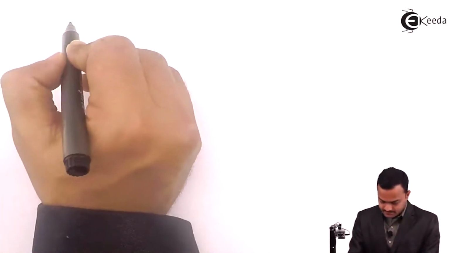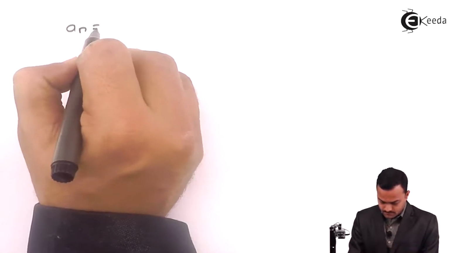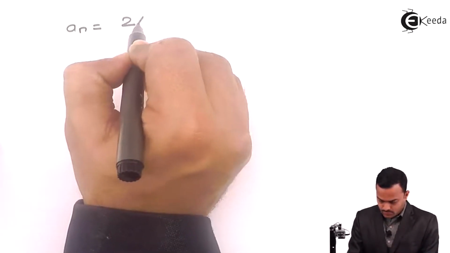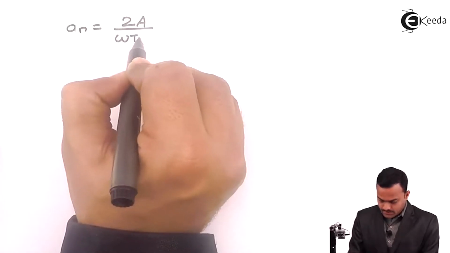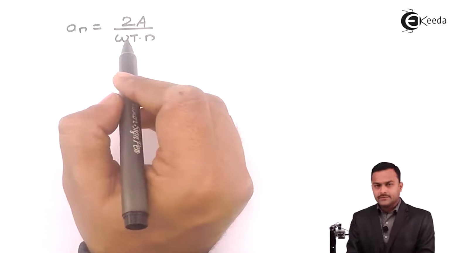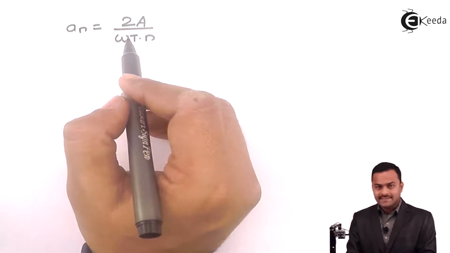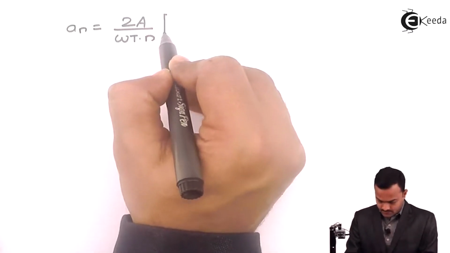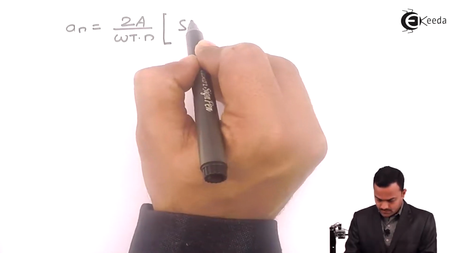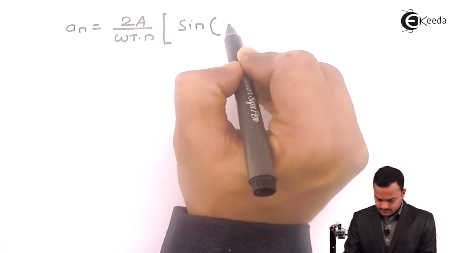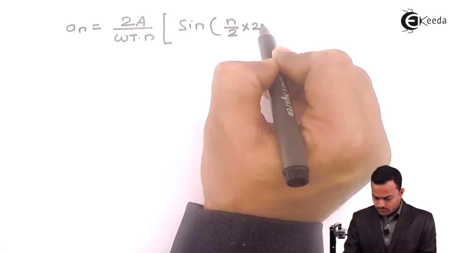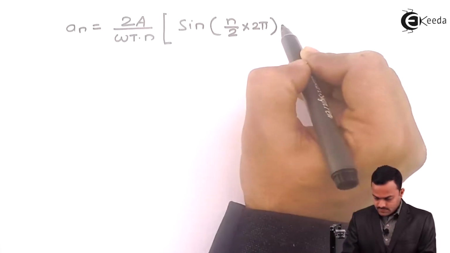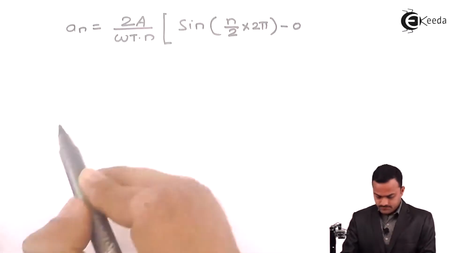So after doing so, we will get an as 2A divided by omega T into n. In fact, here also we can substitute, but that will be substituted in the next step. We will get sine n by 2 into 2 pi, and sine 0 is 0.